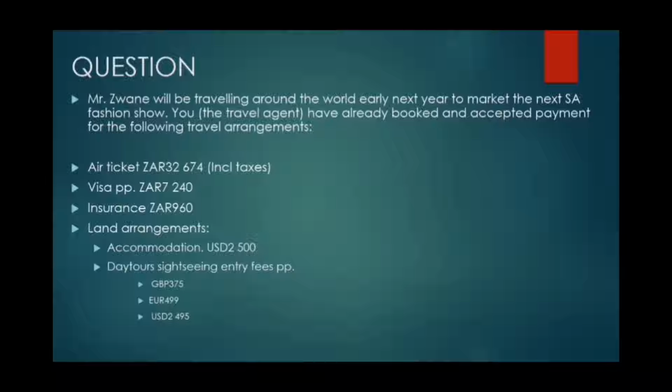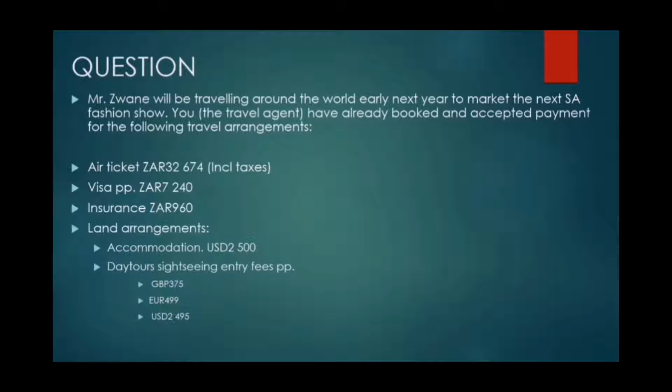This is what we are going to do at this point. The first thing is that you need to read the scenario and understand the context that you are working under. In this case, it says Mr. Zwane will be traveling around the world early next year to market the next South African fashion show. You, the travel agent, have already booked and accepted payment for the following travel arrangements.